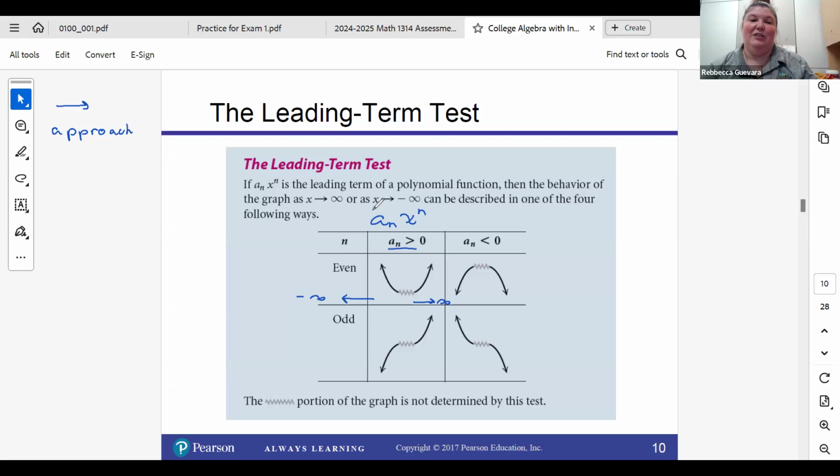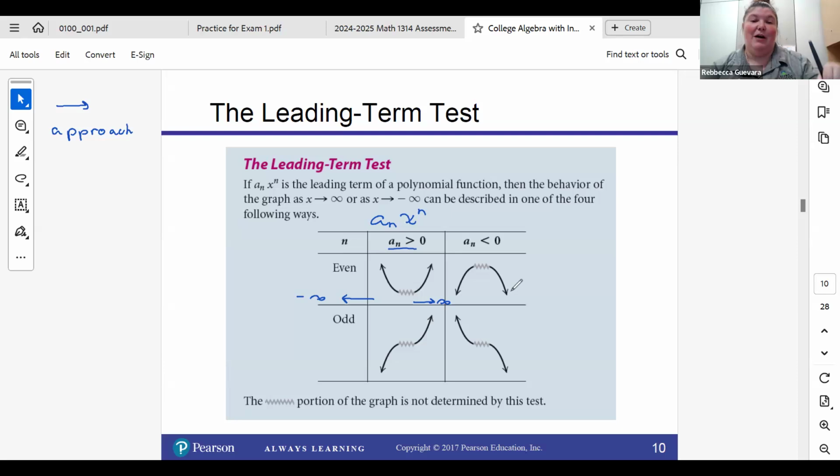If we know what that leading term is doing, because that goes back to those power functions: even power, positive coefficient, it's going to be a parabola that opens up. Even power, negative coefficient, a parabola that opens down in the long run.